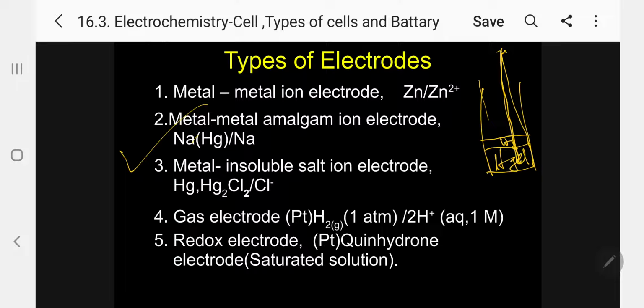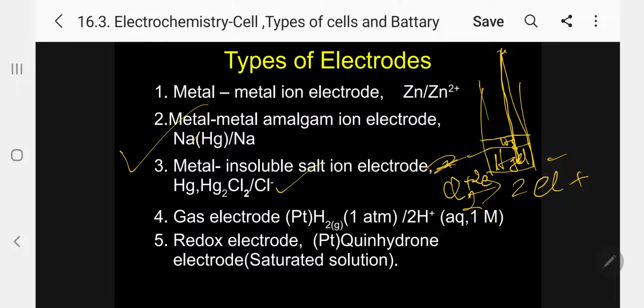So what will happen now? Correspondingly, this will act as the metal insoluble salt ion electrode. Kindly follow. So here, mercurous chloride, from this chlorine, Cl2 goes to 2Cl- by accepting 2 electrons.